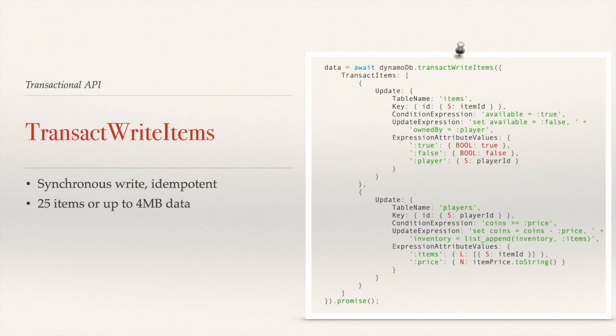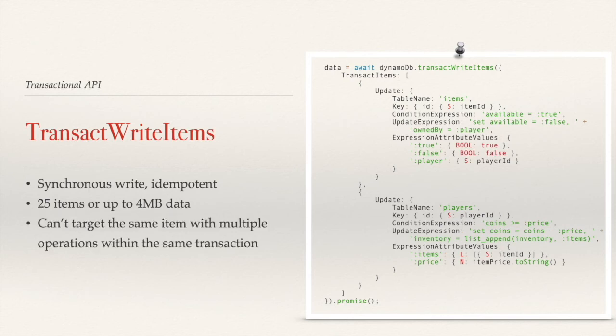It may be a put request, update, delete or check items. Again, data size should not exceed 4 MB. This is the Node.js example for TransactWriteItems. In the TransactWriteItems array, you can have multiple operations like update, put, delete or check item. In this way you can handle multiple operations in a single request.